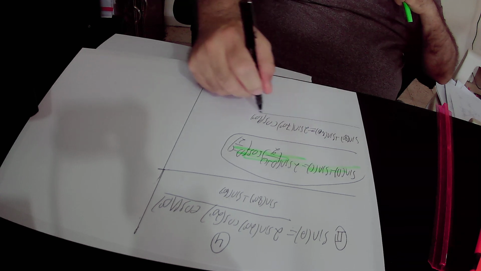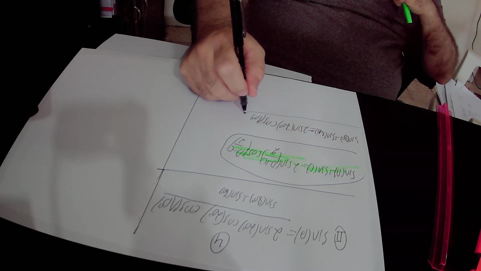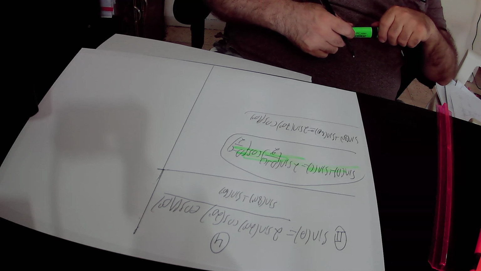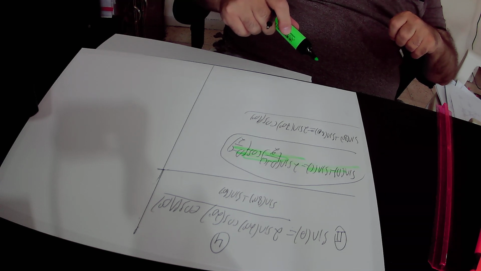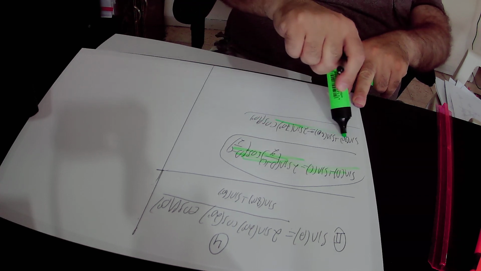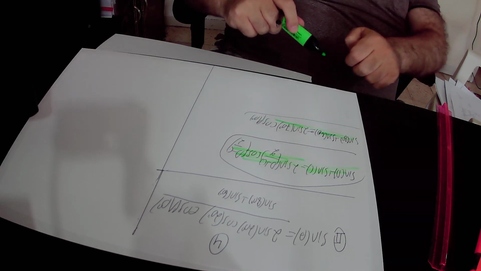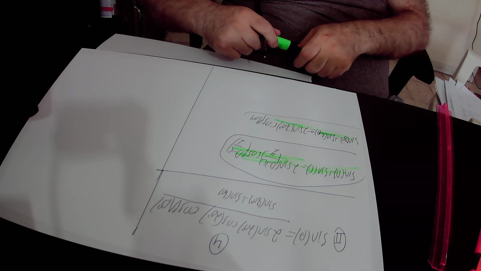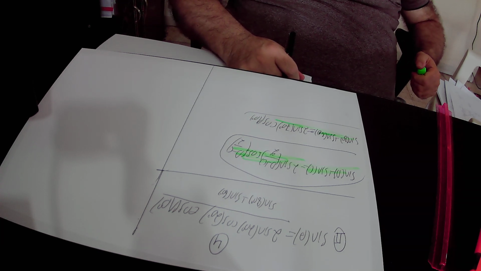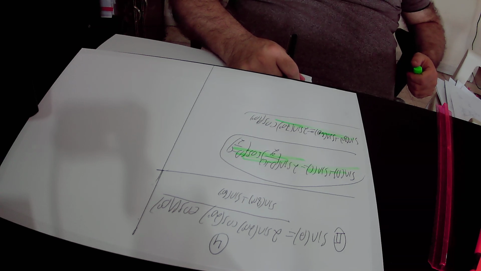So actually I found out that sinus 80 degrees plus sinus 60 degrees equals to 2 times sinus 70 degrees times cosine 10 degrees. Therefore, we can substitute sinus 80 degrees plus sinus 60 degrees in equation number 2 by 2 times sinus 70 degrees times cosine 10 degrees.